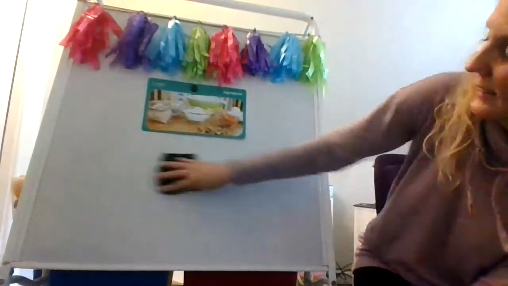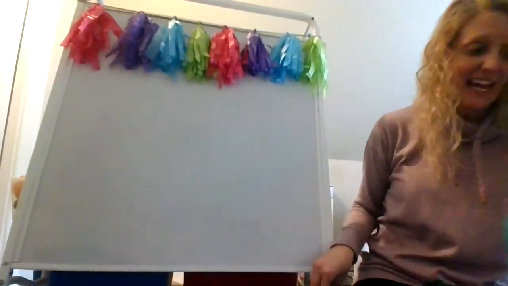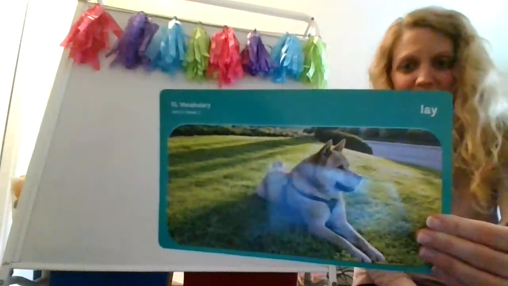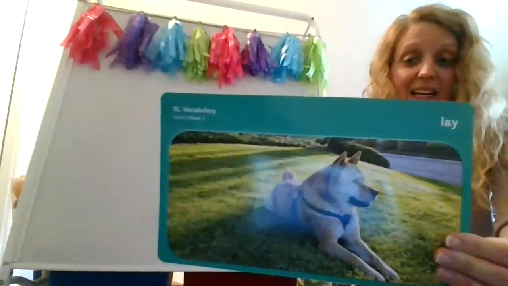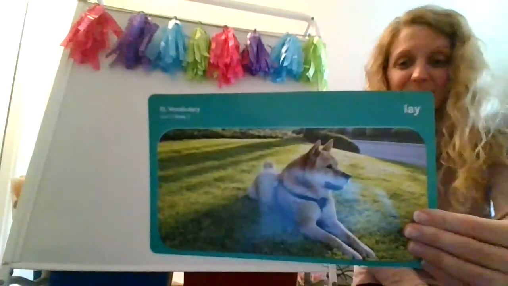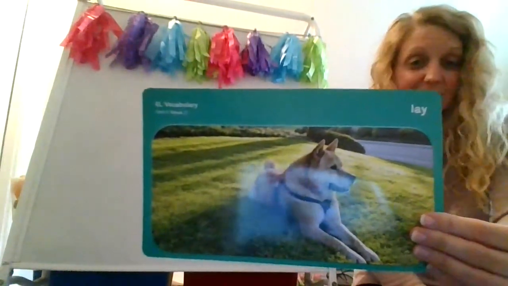All right, last word today is lay. Okay, so find it and say lay. Lay means was lying in a flat position. The example is, the dog lay in the afternoon sun.